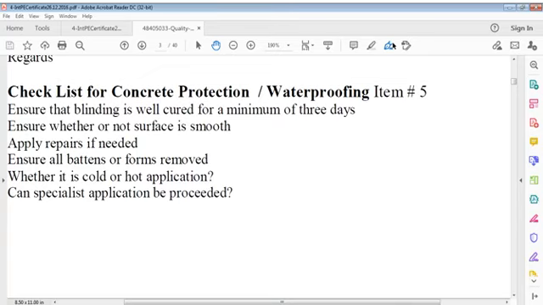A kind of wrap, you may say. I'm saying horizontal surfaces and vertical surfaces up to plinth level, you may say up to ground level, those two can be taken together. That's the important point here.